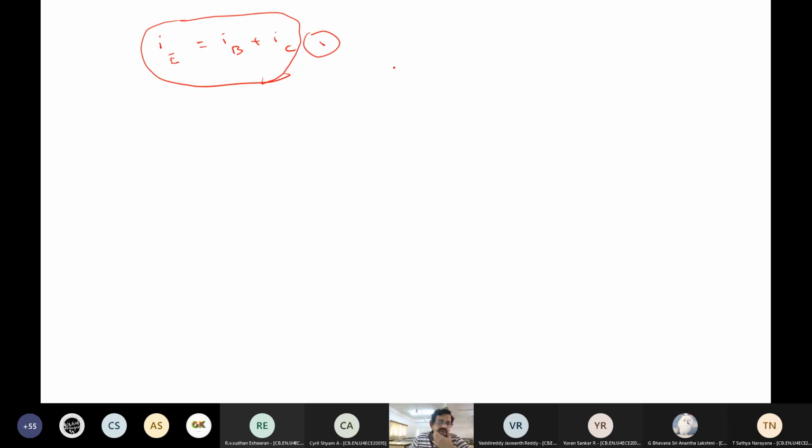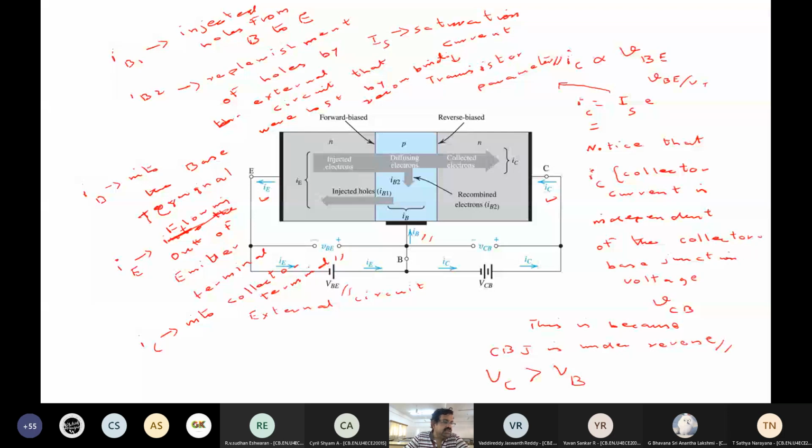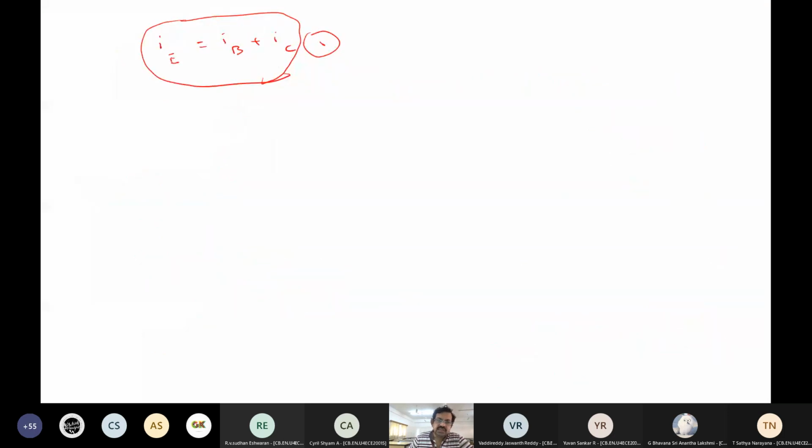Now, what about the base current? The base current is defined as IC by beta.